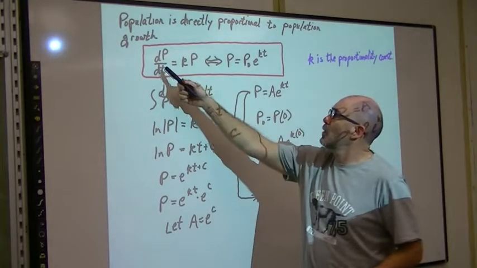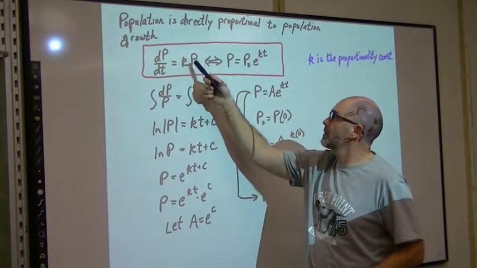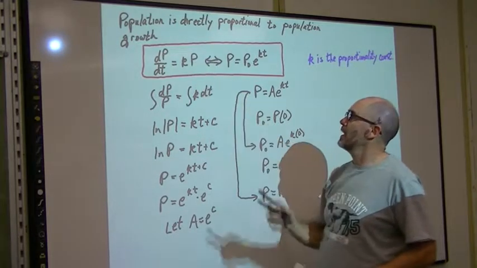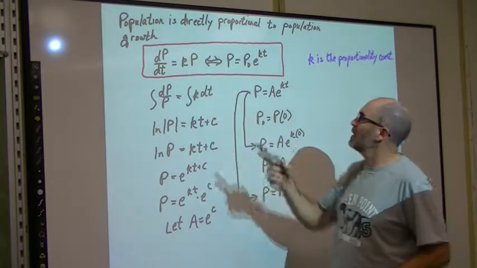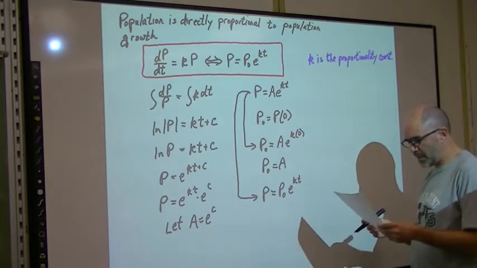And notice we said population growth is proportional to population, so k is the proportionality constant. That's what that means.